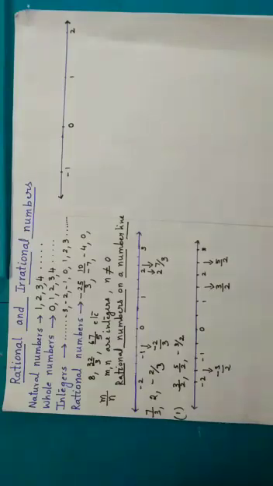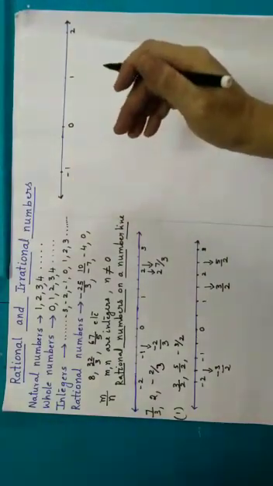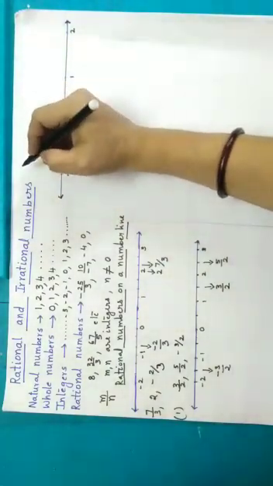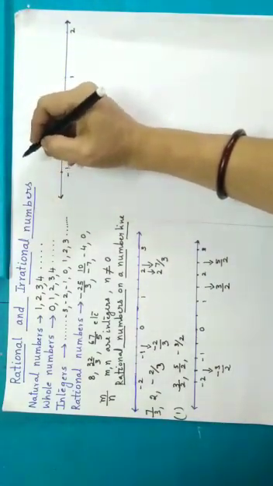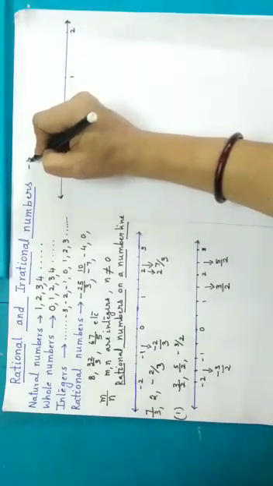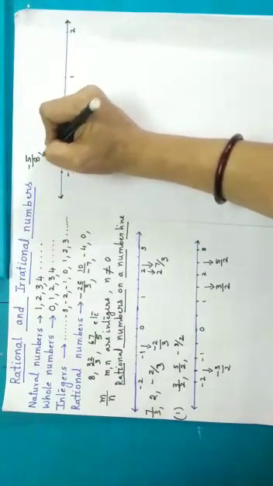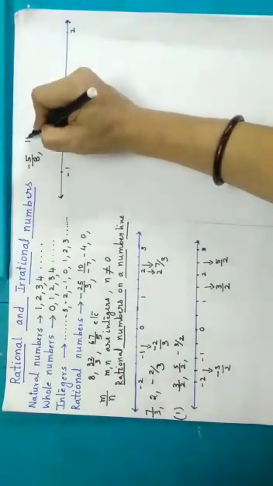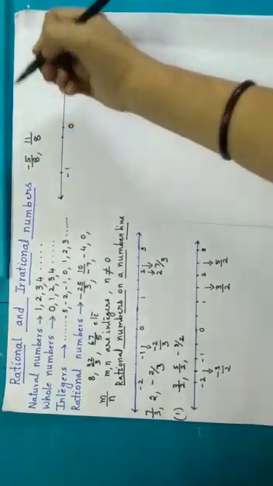Now we go to the third sum. What is the question of the third sum? Minus 5 by 8 and 11 upon 8.